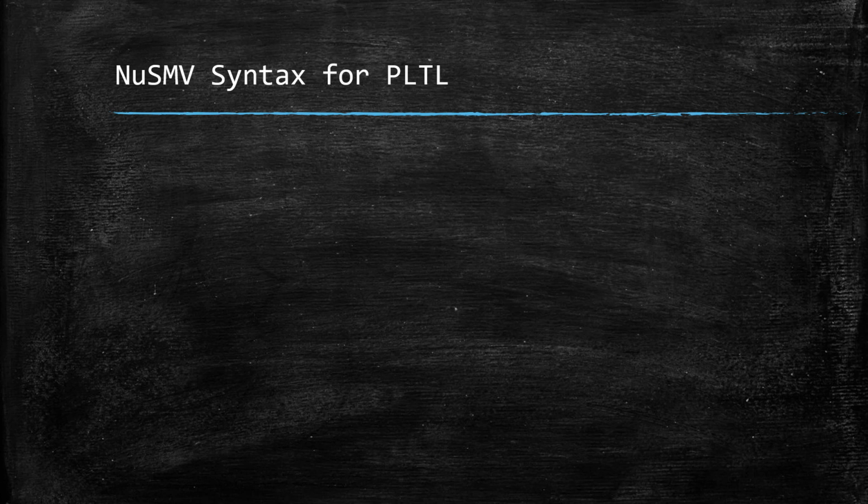So the conjunction is represented by an AND in NuSMV syntax, and OR is represented by this vertical bar, and the negation is represented by this exclamation sign, and the circle or the next operator is represented by an X.